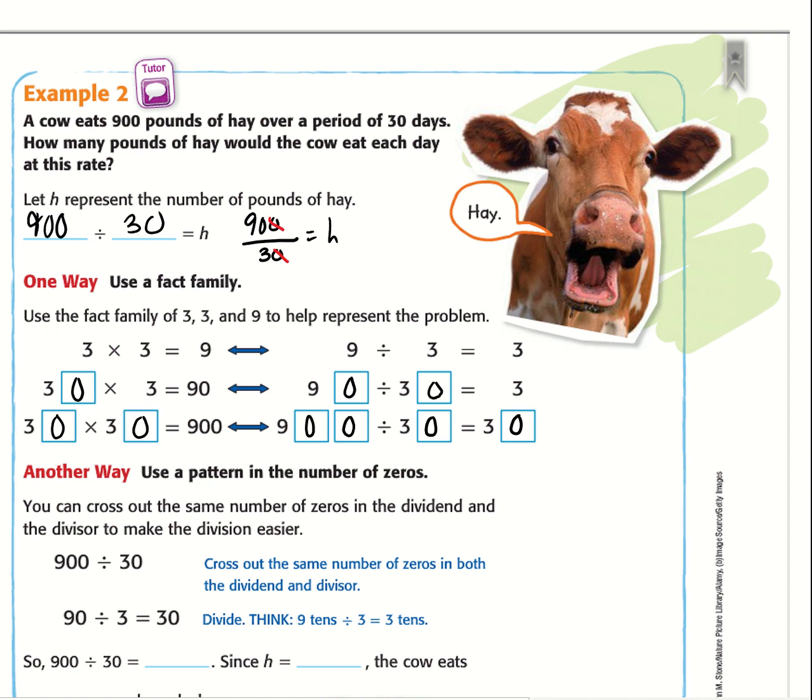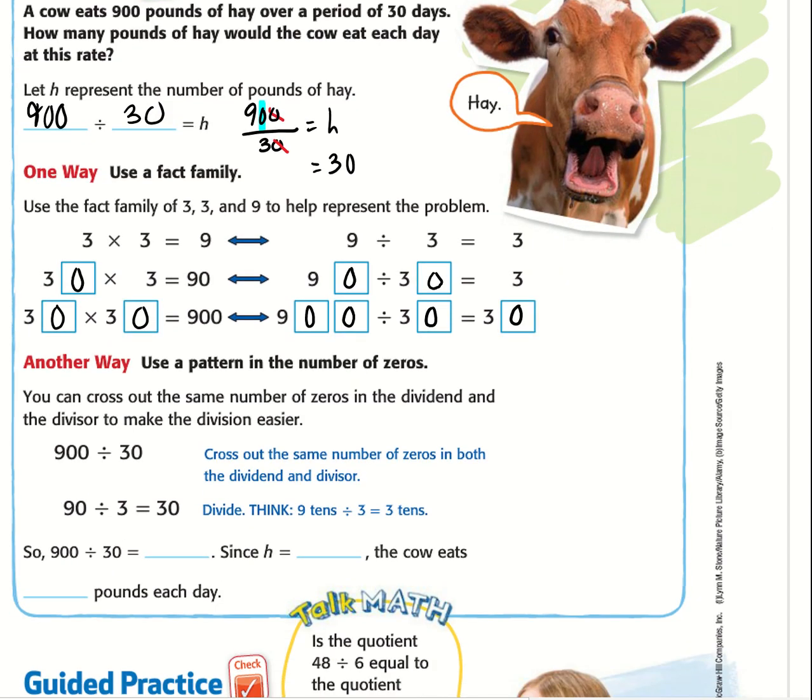So 90 divided by 3 is going to equal 30, because we still have an extra 0 on top. That's just a shortcut. That's the method I like using, but you do not have to use this method. And that's only for zeros that are in both the numerator and denominator.